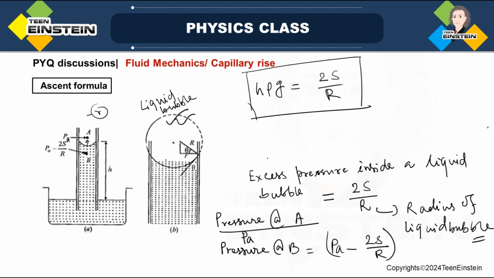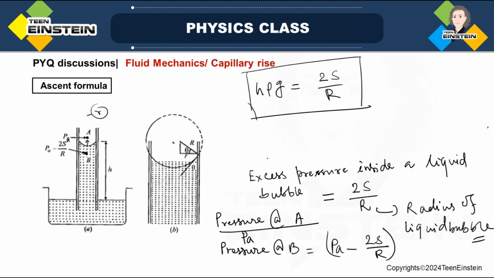Now look at the second figure, figure B. If the liquid bubble has a radius capital R, and this is the radius of the capillary tube, small r, these two have a relationship, where this angle theta is the angle of contact.